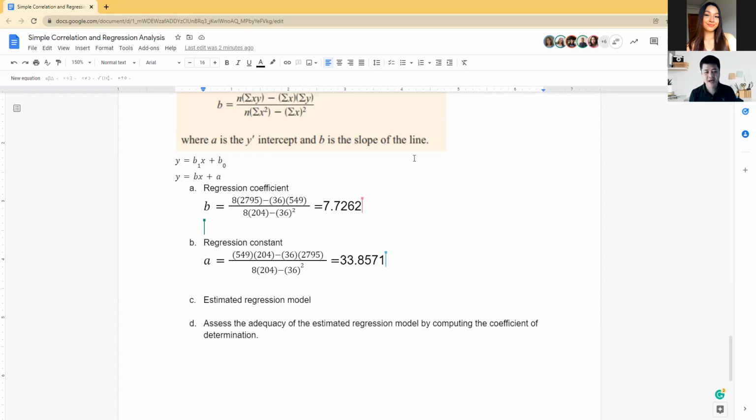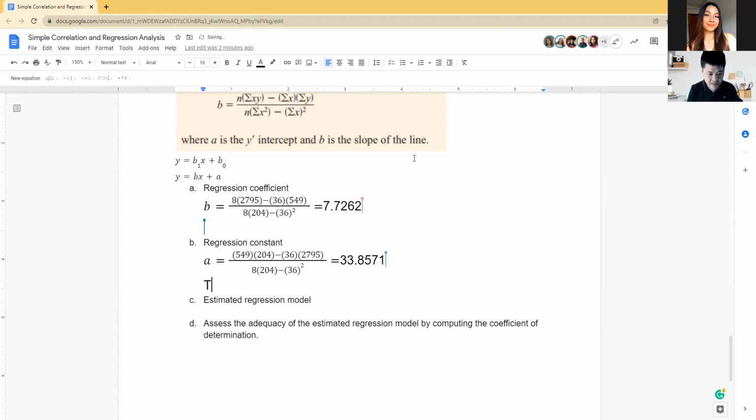Okay? But in those cases, okay lang na kahit hindi mo siya interpret kasi ginamit lang naman yung constant to direct the line. But for this case, nagme-make sense.